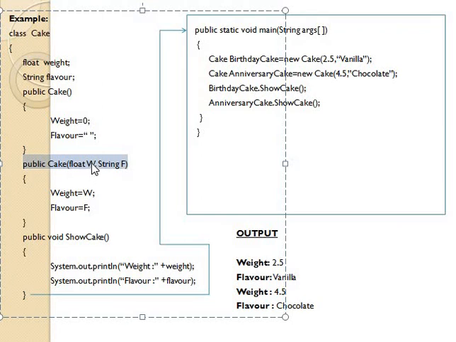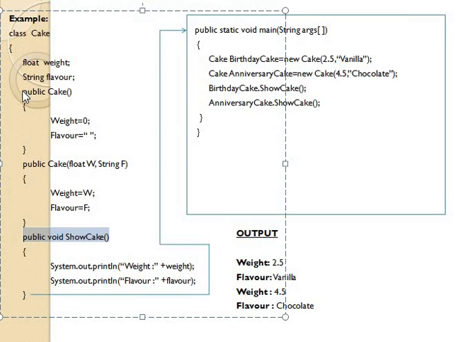Here the argument W refers to the data member weight and the argument F refers to the data member flavor. Then it consists of another member method known as public void showcake without any arguments.